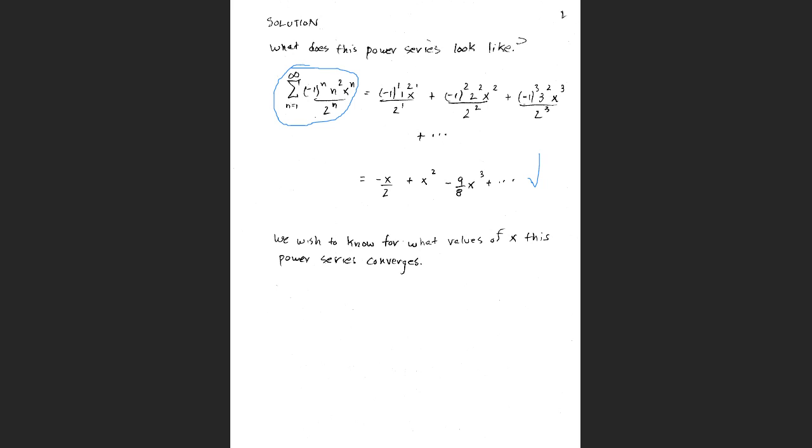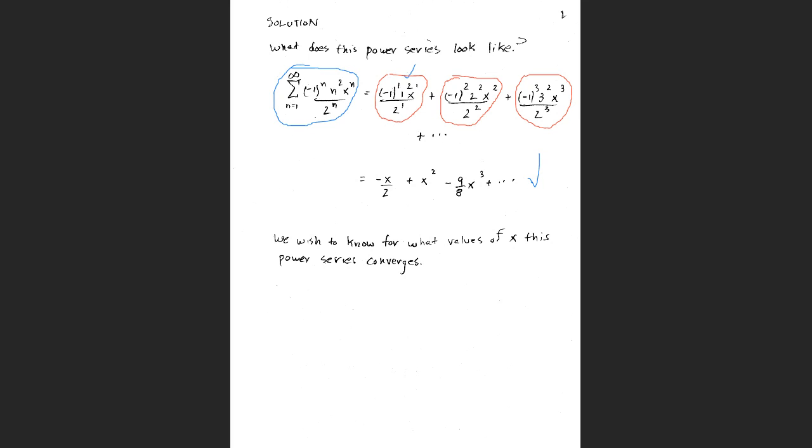It's a series, and so like for this power series, n starts at 1. So the first term you would let n equals 1, and this would be the first term of the power series. The second term we would let n equals 2. The third term we let n equals 3, and so forth.